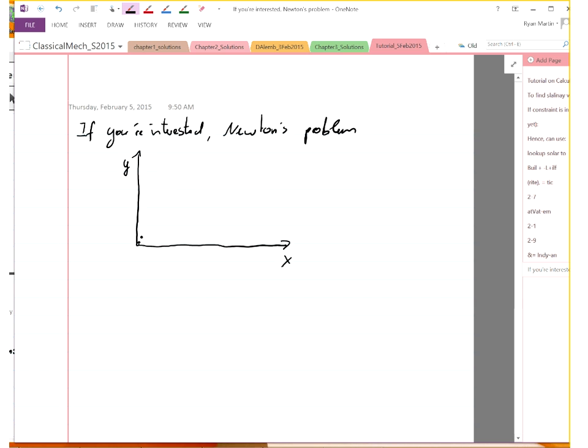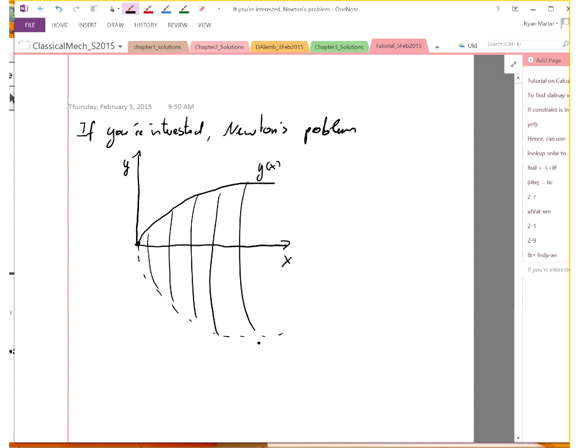It would define the curve like this, but when you do the volume of revolution, it minimizes the total air resistance.